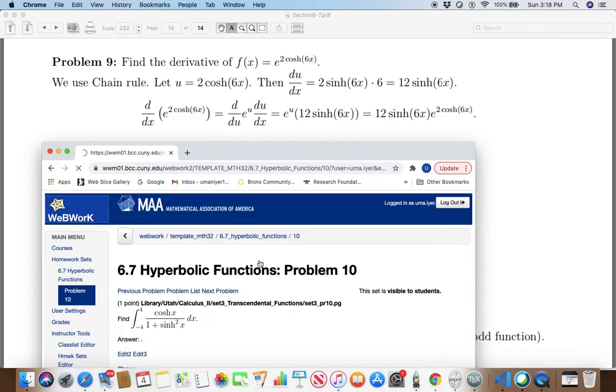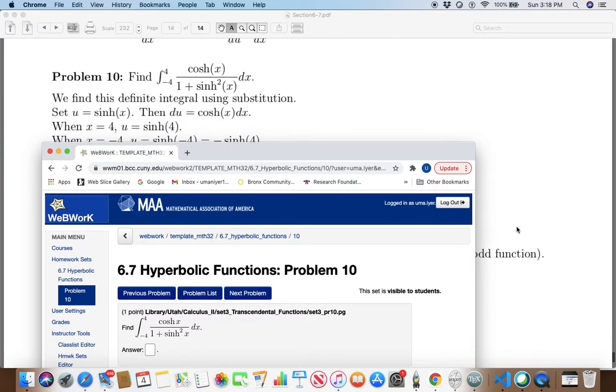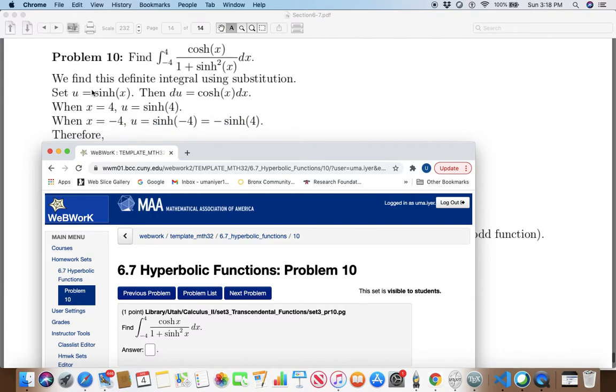Correct. Next, the integral from negative 4 to 4 of cosh x over 1 plus sinh squared x. This calls for substitution. Let u be sinh x. Then du is cosh x dx, which is the numerator, fantastic.